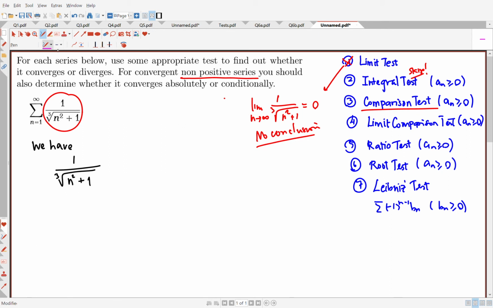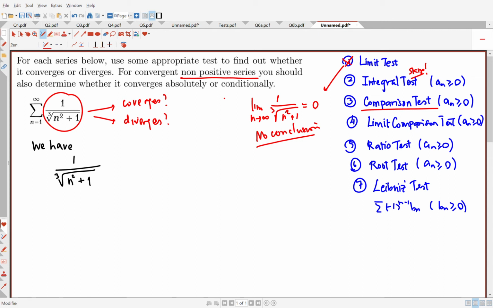Actually, I forgot to mention, if you are doing comparison tests, you need to sort of guess a little bit, okay, whether this is convergent or diverges.